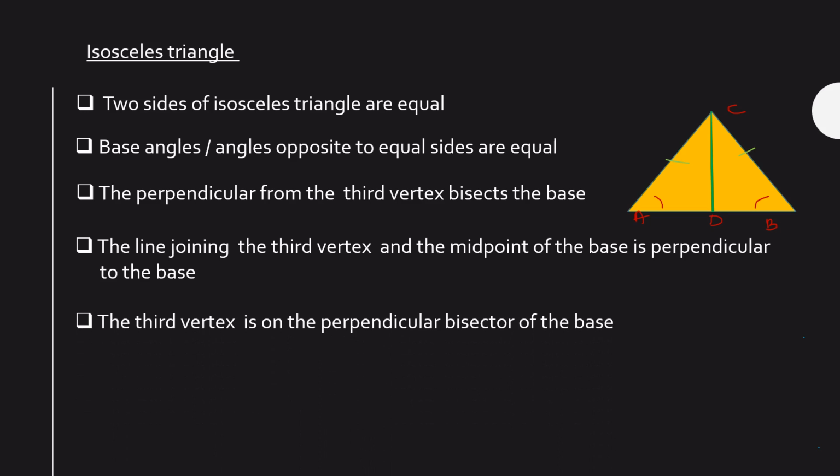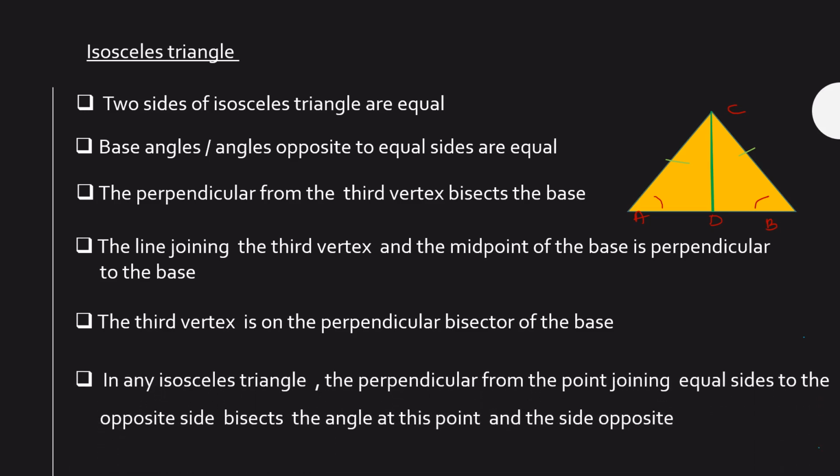Okay. And here the third vertex is on the perpendicular bisector of the base, which we have seen in the last class, that the third vertex of the isosceles triangle lies on the perpendicular bisector, isn't it? Here the third vertex is on the perpendicular bisector of the base.